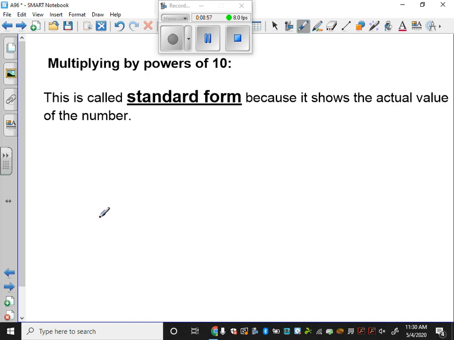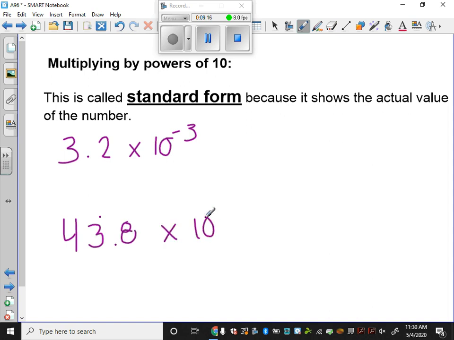Okay. So now we're going to talk about multiplying by powers of 10. I have a couple examples there.